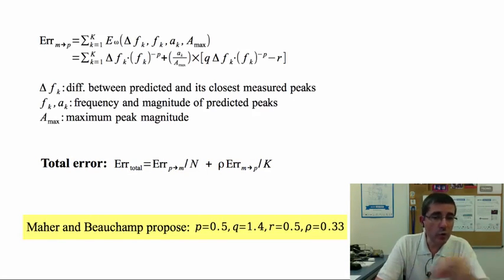Maher and Beauchamp propose some values for these coefficients and variables, and these are the ones that we'll be using.